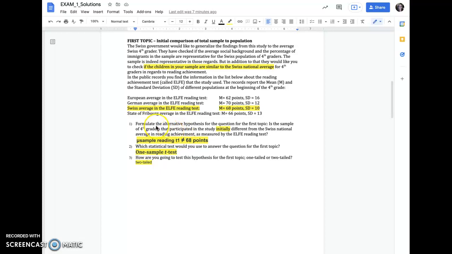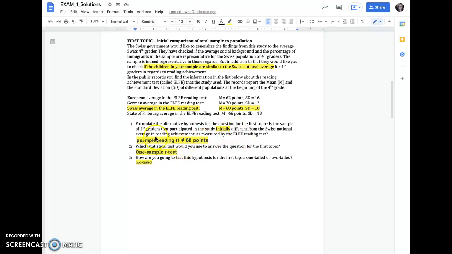So question 1 says, we're going to formulate the alternative hypothesis for the first topic. Is the sample of 4th graders that participated in the study initially different from the Swiss national average in reading achievement as measured by the ELFE test?